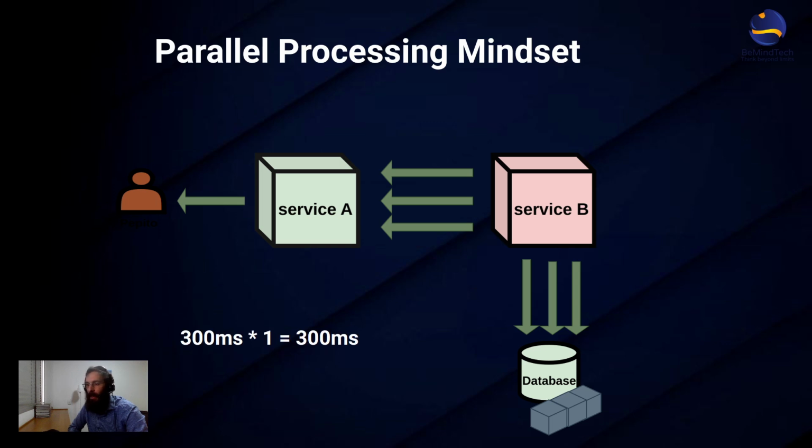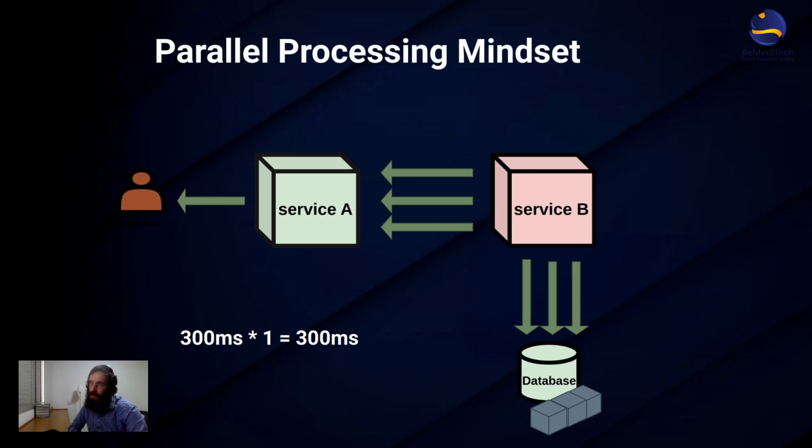And if each operation takes 300 milliseconds at the same time, then if indeed it was done in a parallel processing way, the total cost of this operation was 300 milliseconds.